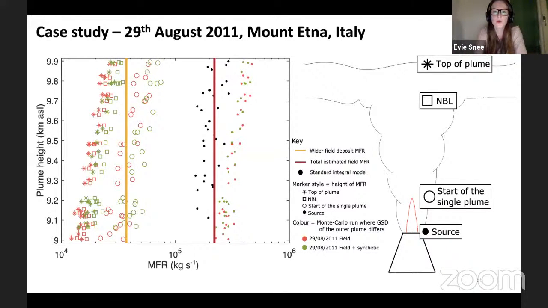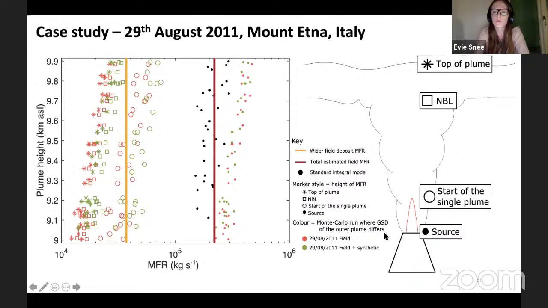Now we also have all this additional data from the double plume model. And I'm just going to start off with the colored dots. What these are is the mass flow rate estimate from the double plume model when we're constraining it with the lava fountain height observations and the final tephra plume height observations.